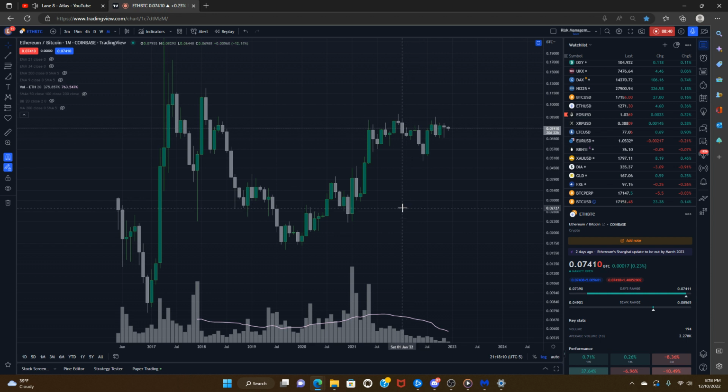But what I will say about Ethereum is that Ethereum is one of the few battle tested altcoins on the market. Really, the key insight I look at to determine the strength and the underlying fundamentals of any altcoin is, has it survived multiple Bitcoin cycles, 4-year cycles, and has it thrived after those cycles?